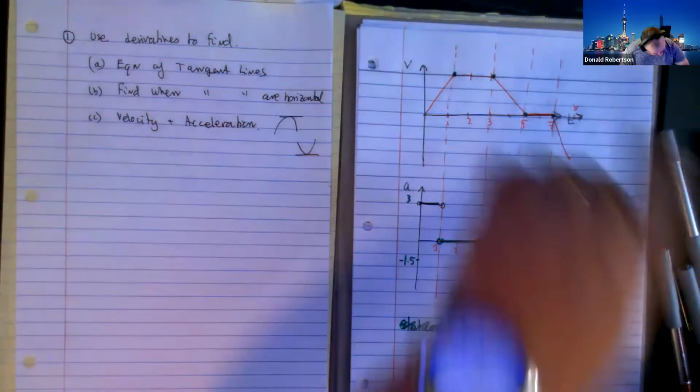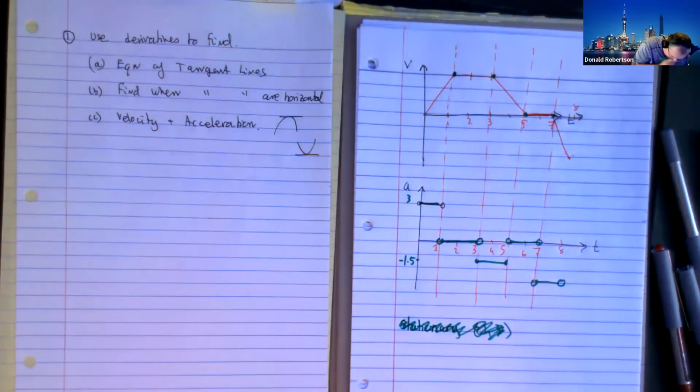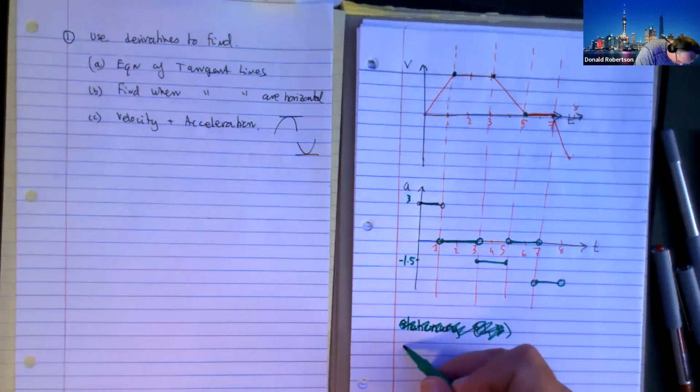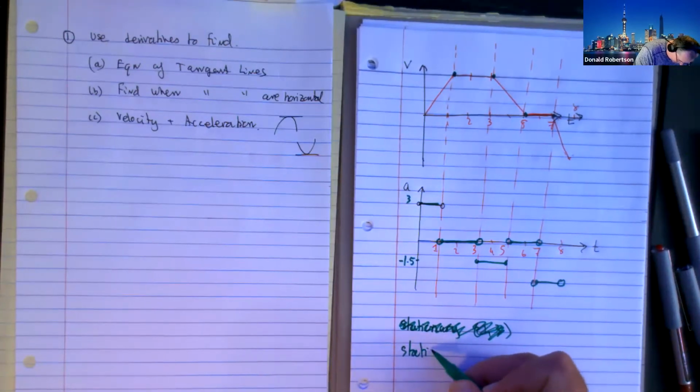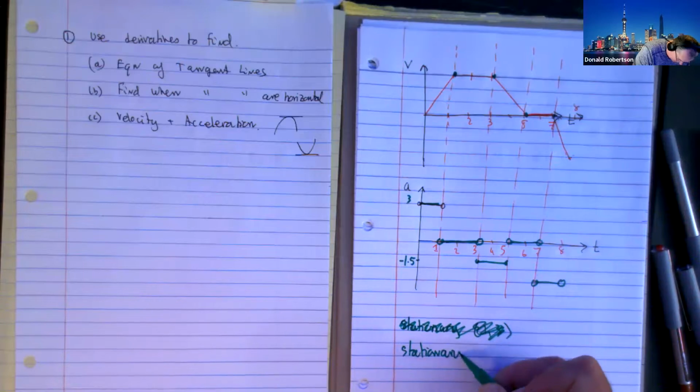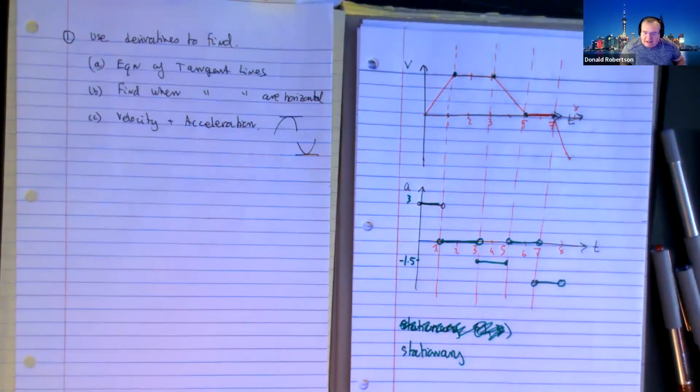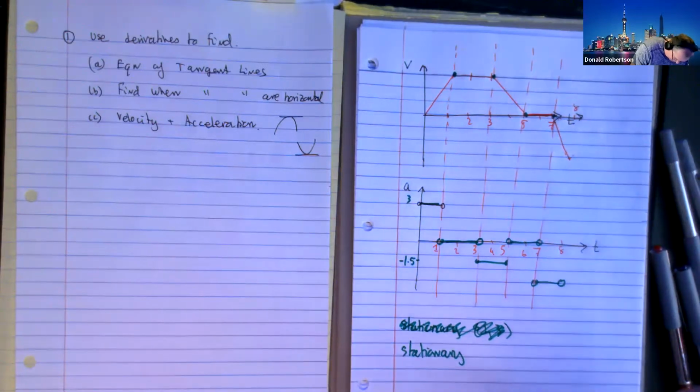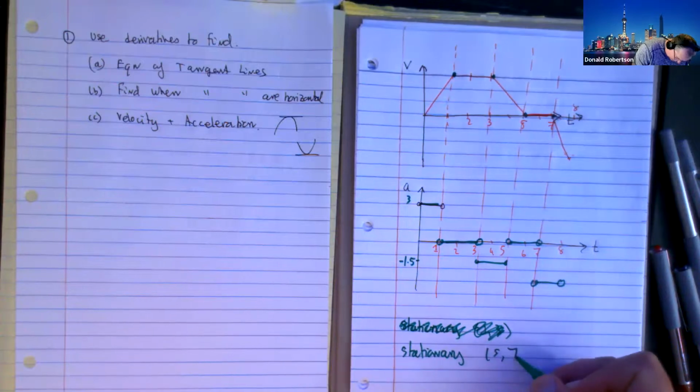This is velocity time. That's different. When is this object stationary? It's not from 1 to 3 seconds, but it is stationary from 5 to 7. I think I got that, 5 to 7. Is that what you said, Matthew?